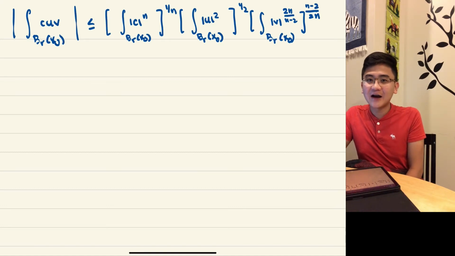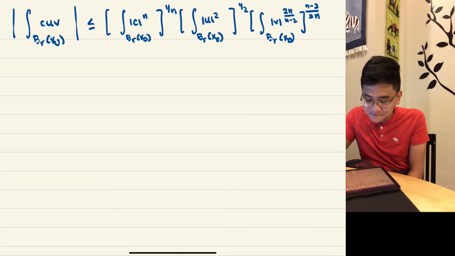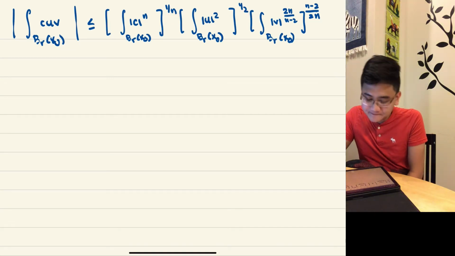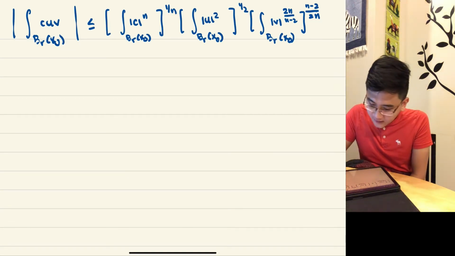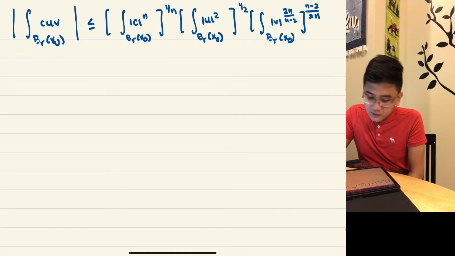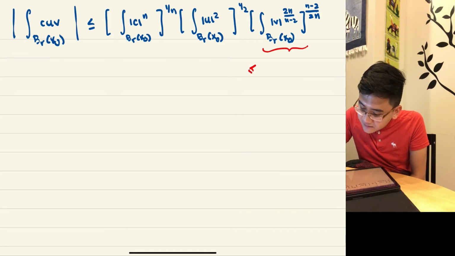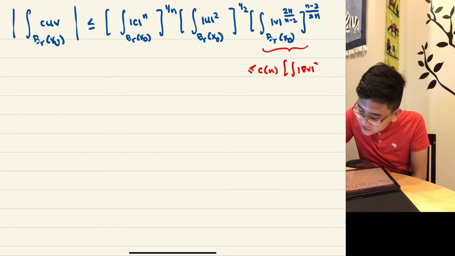That would be a good way to learn the material. Like we said earlier, this is going to be estimated by some constant times the L2 norm of grad V, which is what we want.